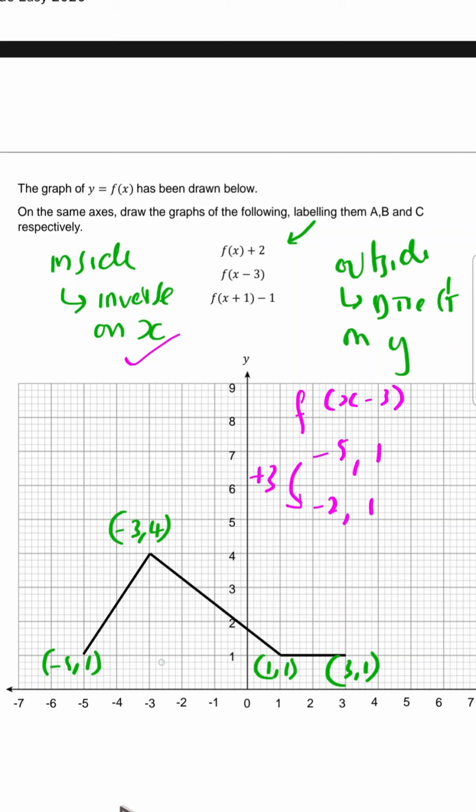So minus 2, 1. Okay, we can do the same for minus 3, 4. Minus 3, 4 again. Plus 3, 0, 4. 0, 4.